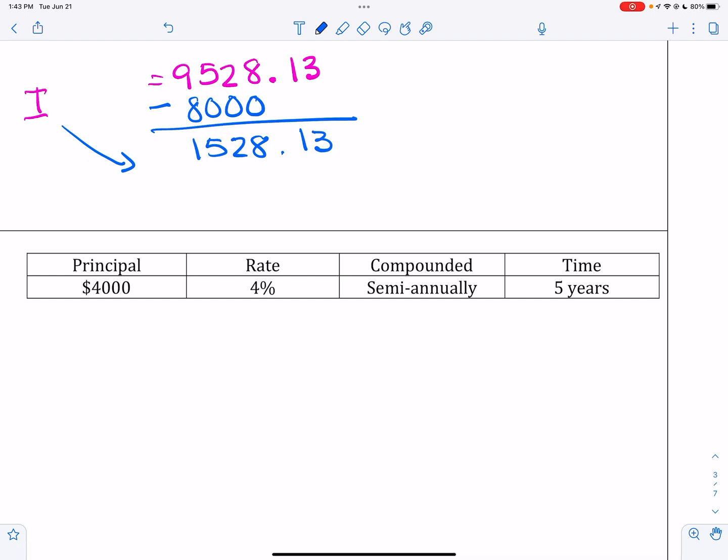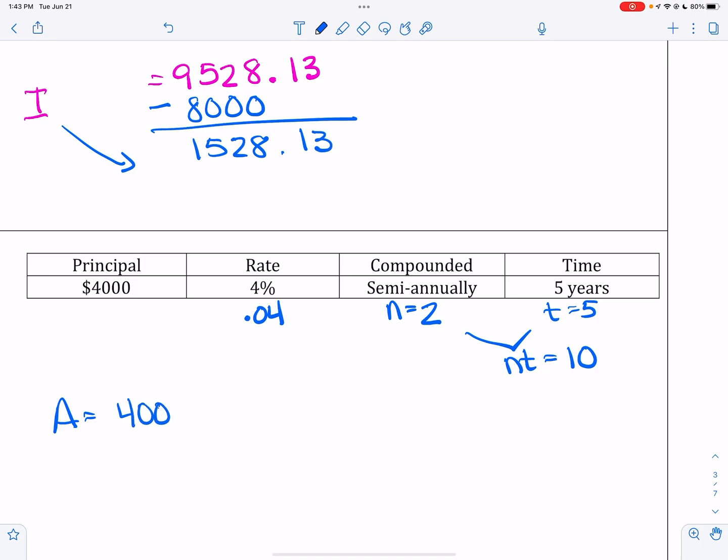Okay, all right, so rate is 0.04, semi-annually is 2, and time is 5. So N times T is 10. So you will take your 4,000, 1 plus 0.04 divided by 2 raised to the 10th power.